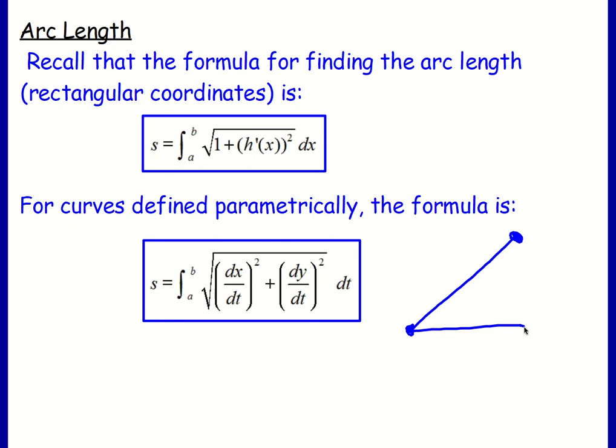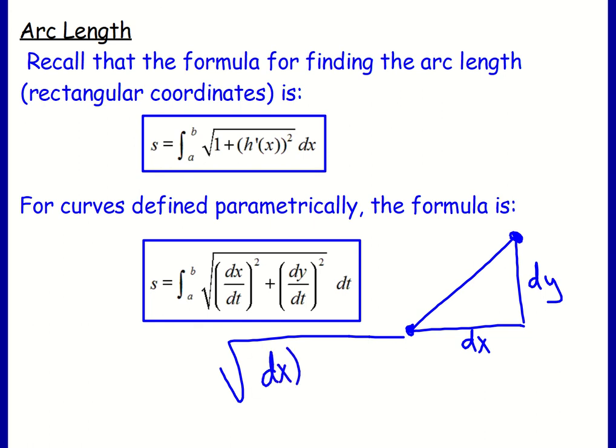Then I can look at it and I can say, well, if this is a little bit of change in x and this is a little bit of change in y, then the arc length, this is what Sharif did with you, would be the length of the hypotenuse here, the square root of dx squared plus dy squared.